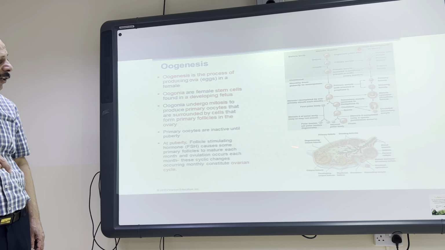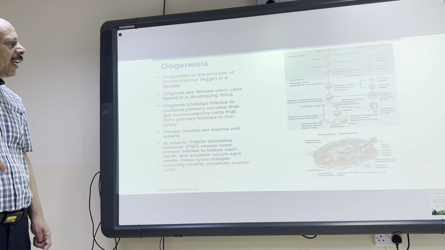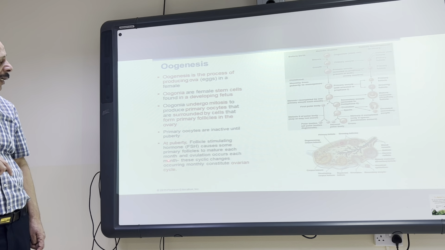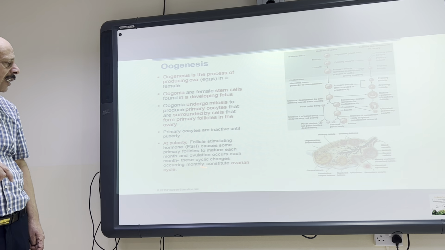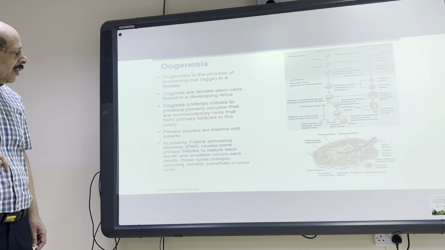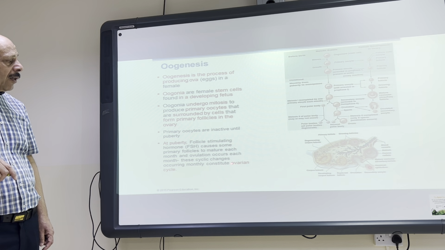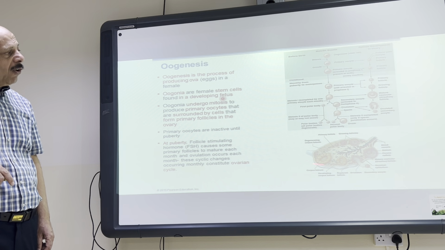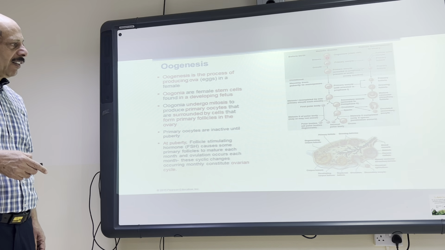The effect of the follicle stimulating hormone leads to maturation of the primary follicles and production of ova, which causes some primary follicles to mature each month, and ovulation occurs each month. So this cycle of changes occurring monthly constitutes the ovarian cycle, or the menstrual cycle.